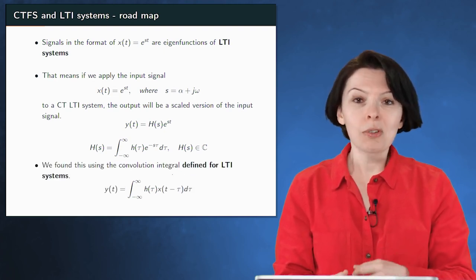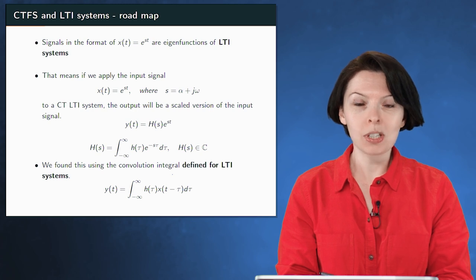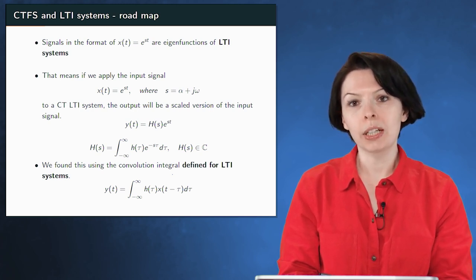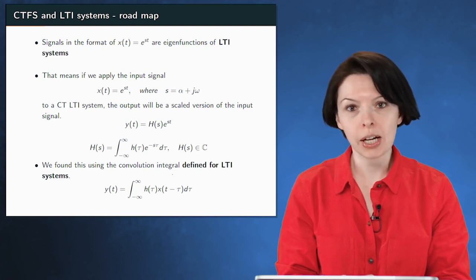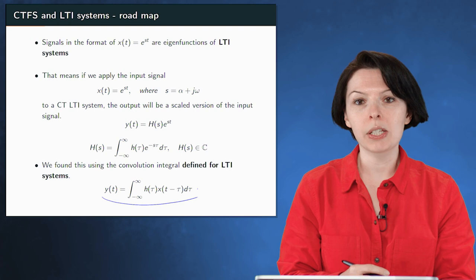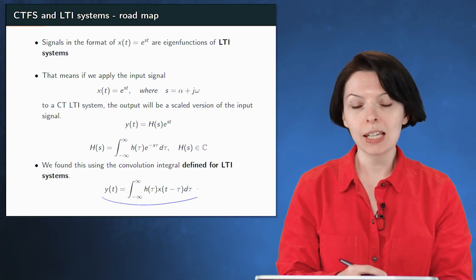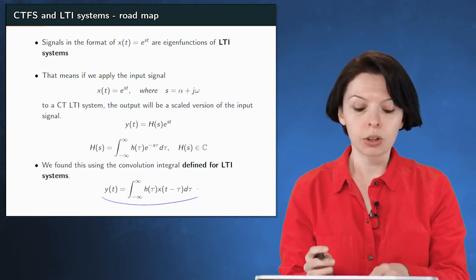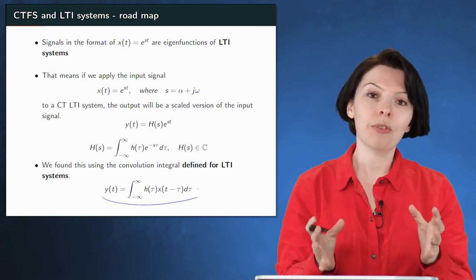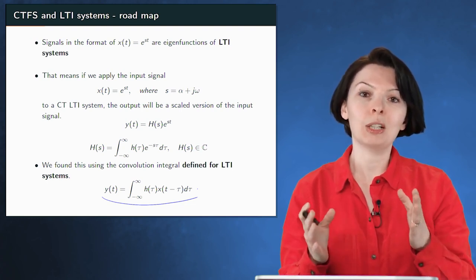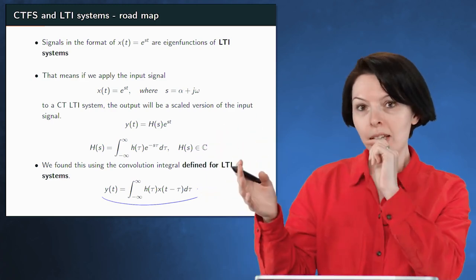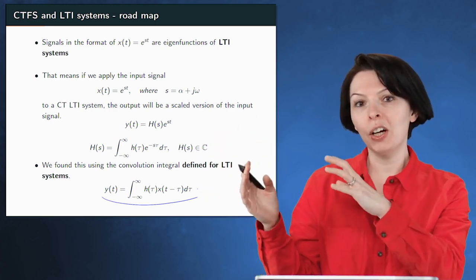And we found this expression, or this integral, for H of s using the convolution integral, which is defined for LTI systems. We used y of t equal to x of t convolved with h of t, and then applied x of t equals e to the st, and we ended up with y of t being equal to e to the st multiplied by some expression, that integral, which didn't depend on t.